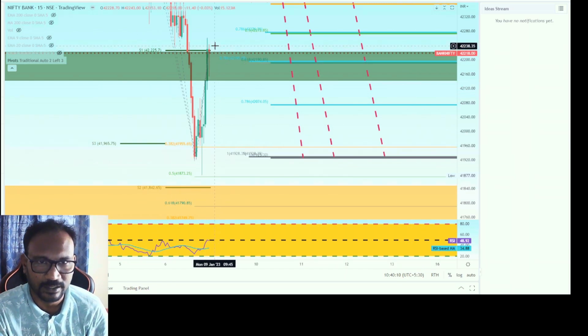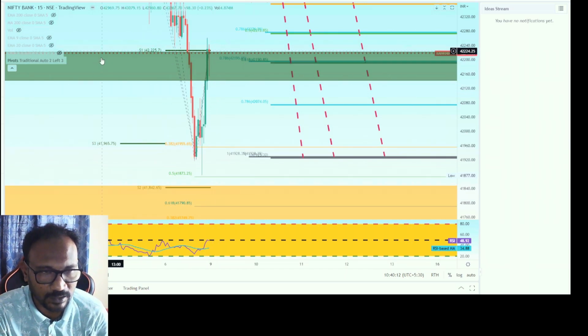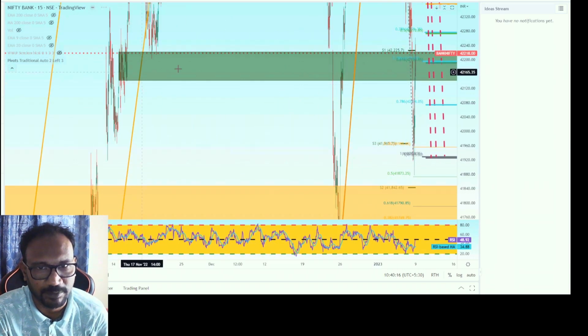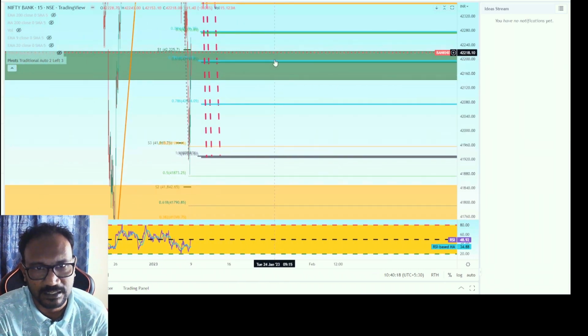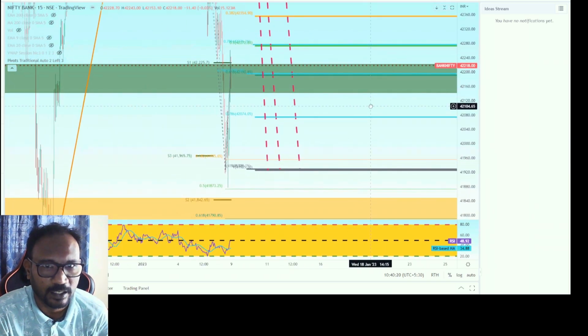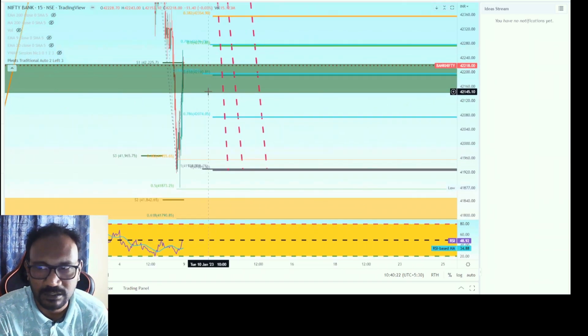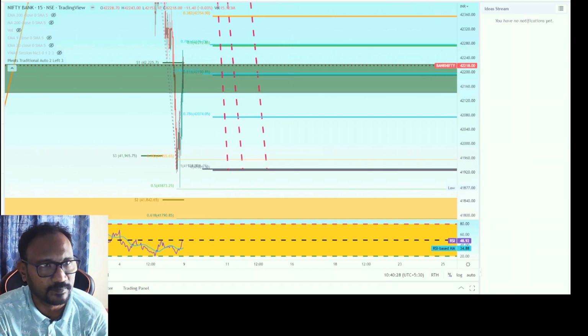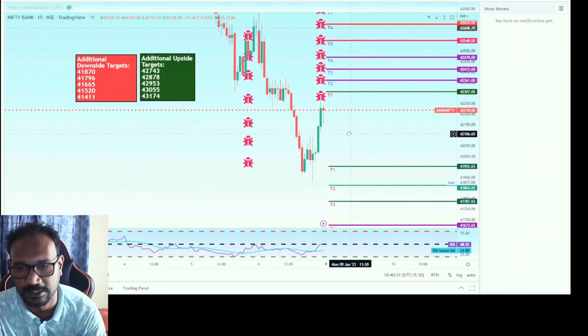So what I do here is, this is a zone that has come from the past. I have mapped it. It's a past trend. From there, these levels have been drawn. So I'll use the base of this level as my first level of target. That is 42,142. So let's draw.